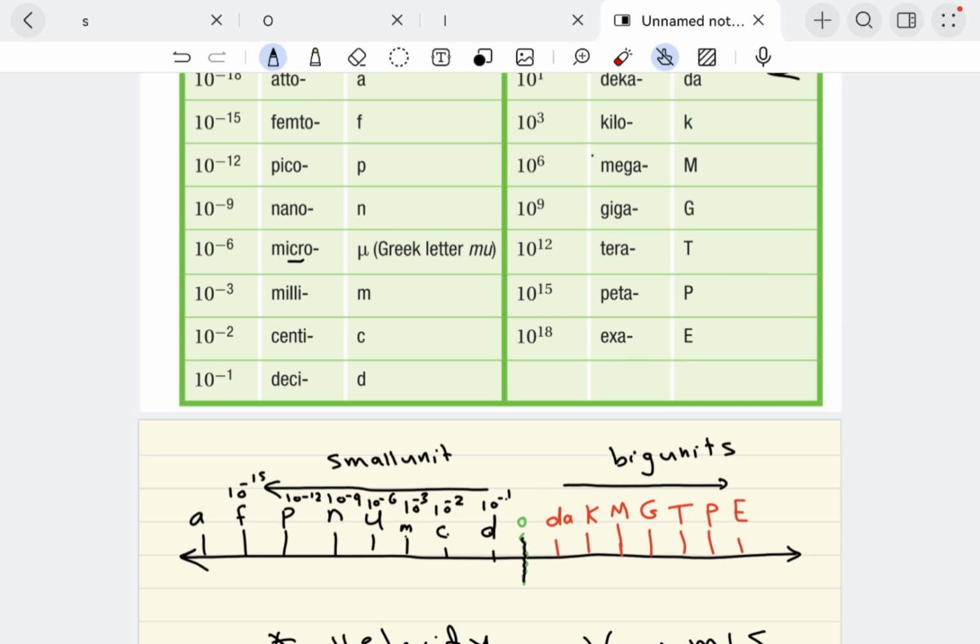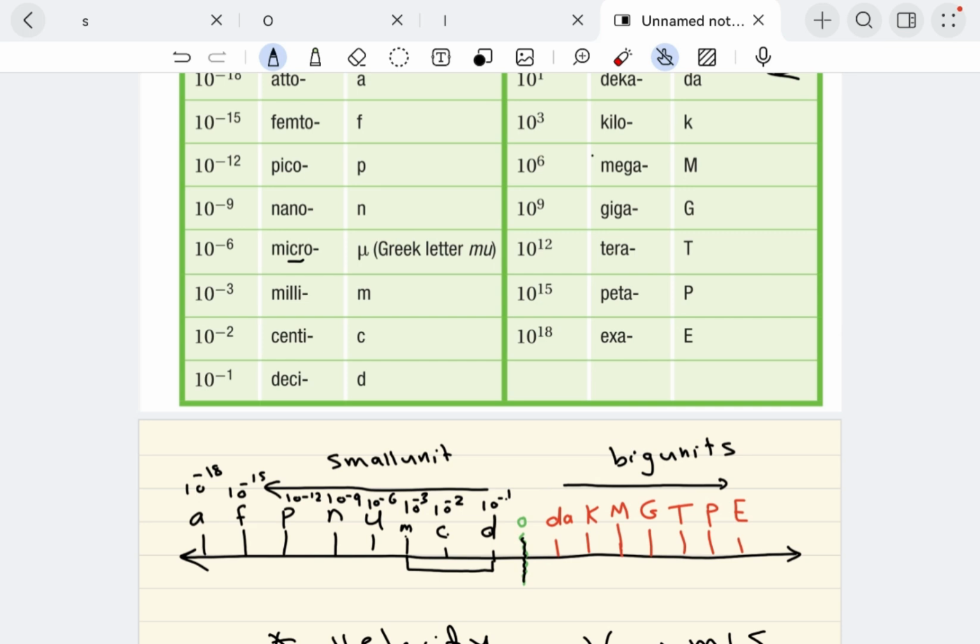And the last one is attometer, 10 to the power of minus 18. So you can see for the first three, deci, centi, milli, I just increase by 1: minus 1, minus 2, minus 3. Then each time I increase by 3: minus 6 for micro, minus 9 for nano, minus 12 for pico, minus 15 for femto, and minus 18 for atto.